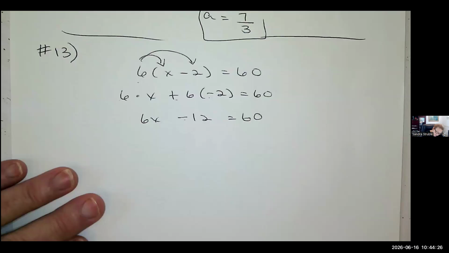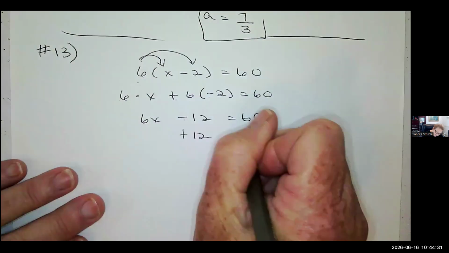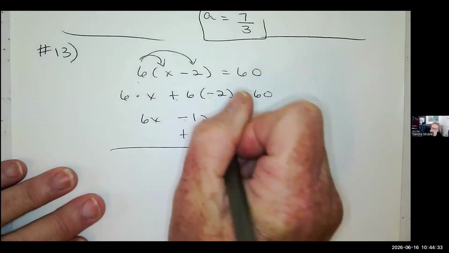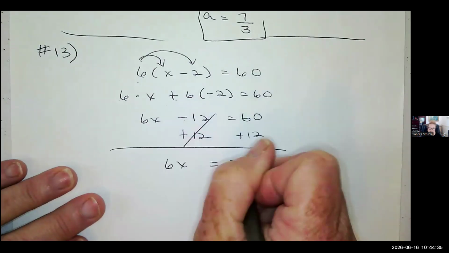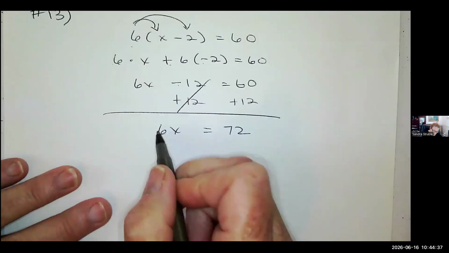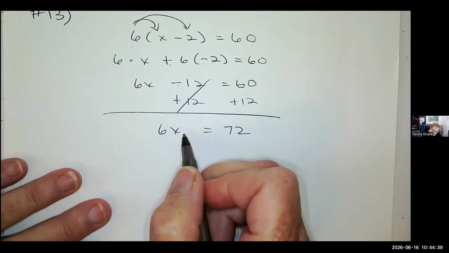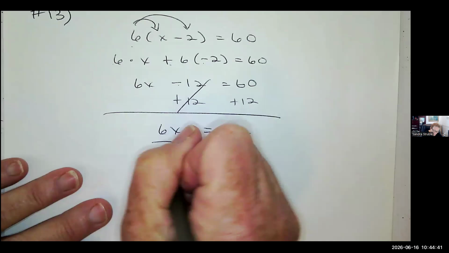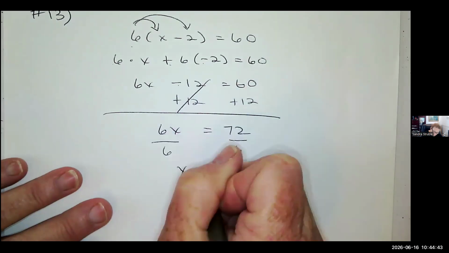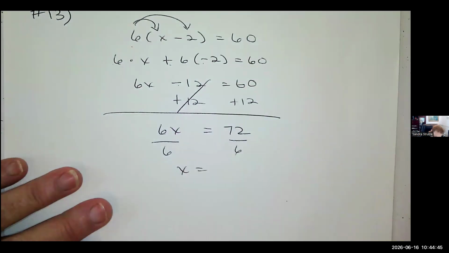So I'm going to add 12 to both sides. 6x is equal to 72. 6 is attached to x by multiplication. Opposite of multiplication is division. Divide both sides by 6. And x is equal to 12.